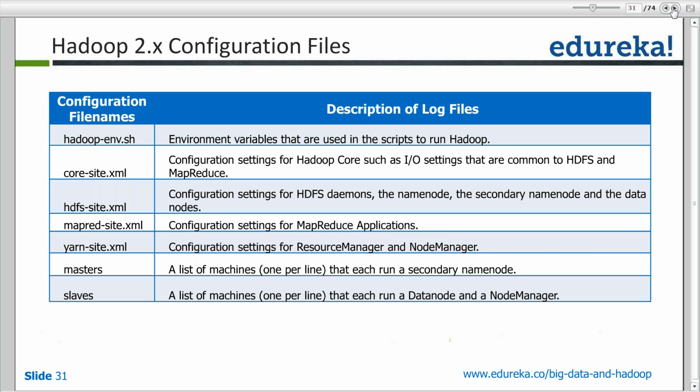A pseudo distributed cluster has all the daemons, all the Hadoop processes, like data node, name node, resource manager, node manager, secondary name node, running on a single machine. In that case, would keeping the default replication factor of 3 be advisable or not?